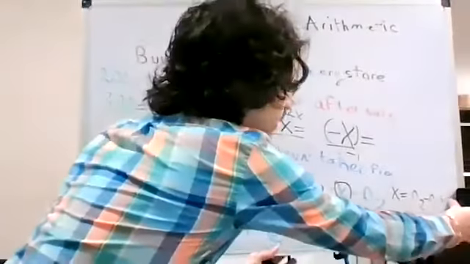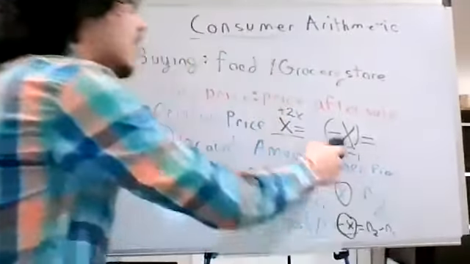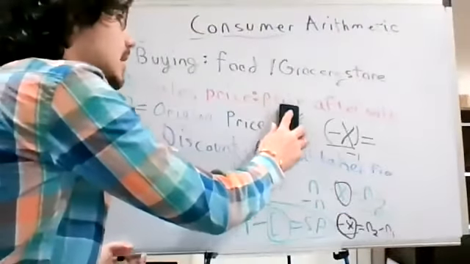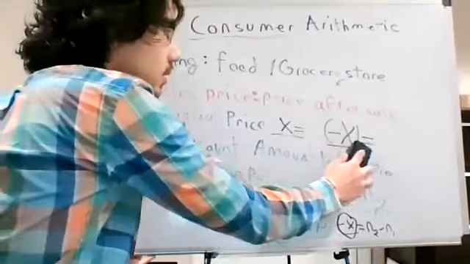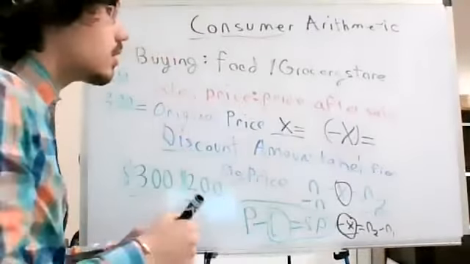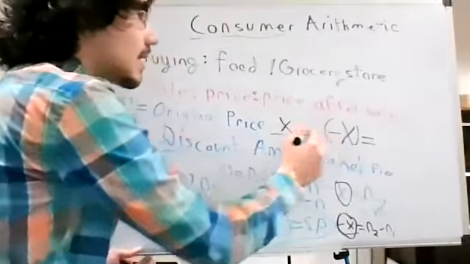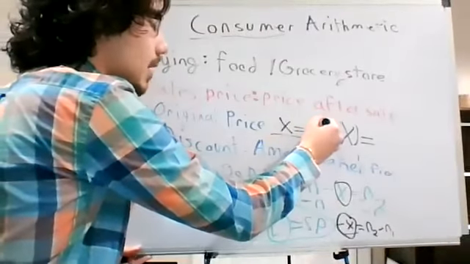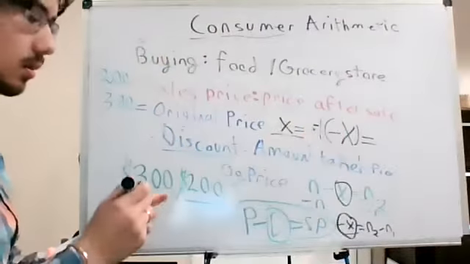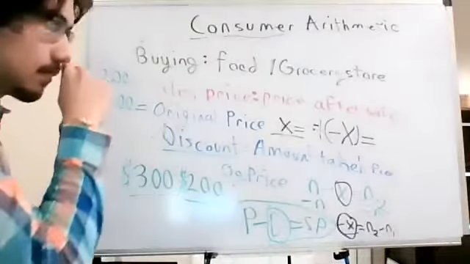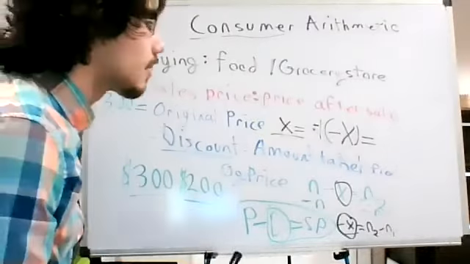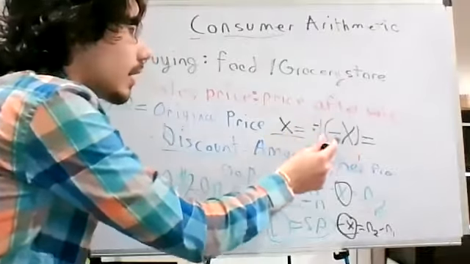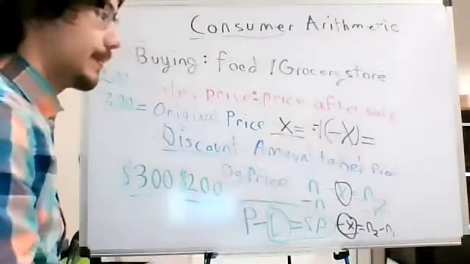Again, if we go back to how we have it here, we have negative x equals, and we want to get positive x equals. Do any of you remember what happens if you multiply a negative number times a negative number? You get a positive number. Yes. So if we multiply negative x by -1, do we get positive x?